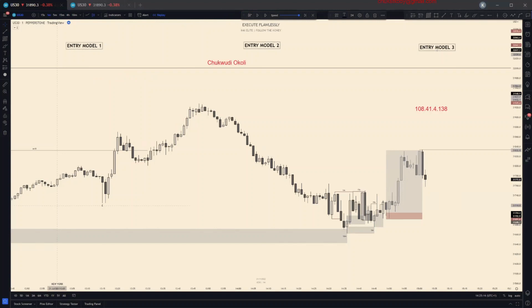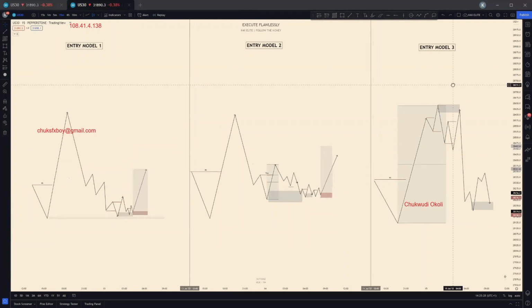And then I have something else written down here that says EM3 valid only after 2 15 minutes order flow ranges. What does that mean?